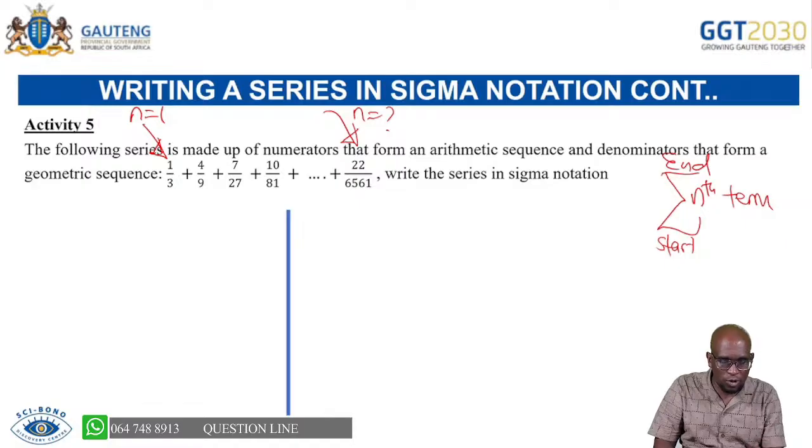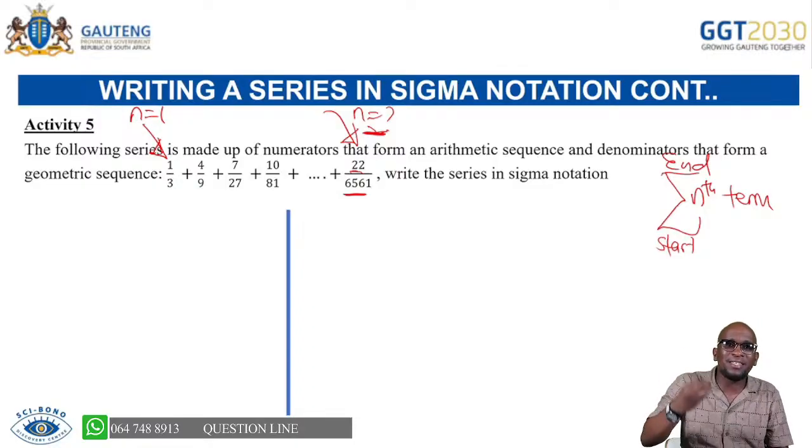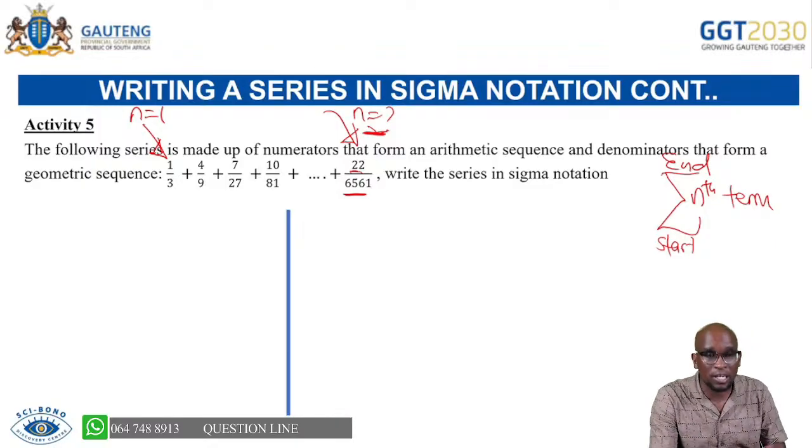And then as well, we need n. So if we want n, we can take either the denominators or the numerators and find the position of that term, because both of them are in the last position. So it does not matter which one you use as long as you are going to use the correct formula there.